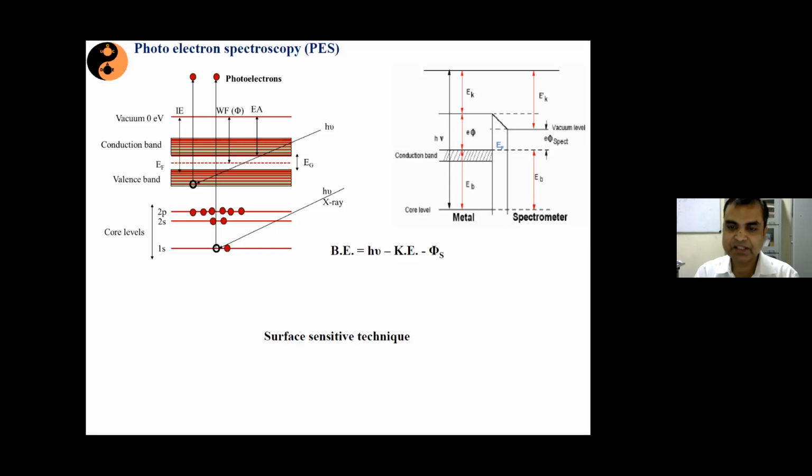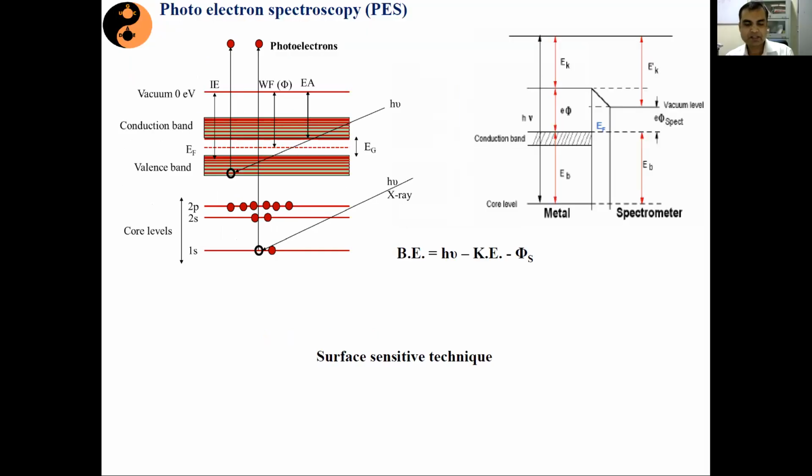And that emitted electron has certain kinetic energy, and if we can measure its kinetic energy, then since we know the incident photon energy, we can calculate what was the binding energy of the emitted photoelectron. Now, since the binding energy of the emitted photoelectron is characteristic of different elements in their different charge state, it allows us to identify what kind of element is present in our system.